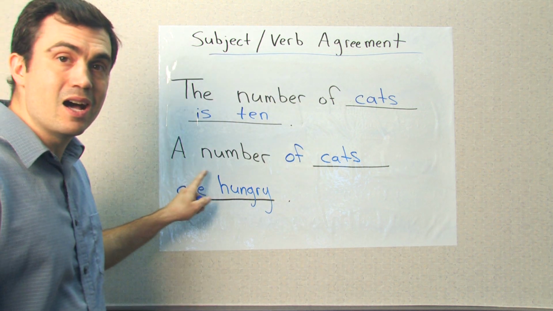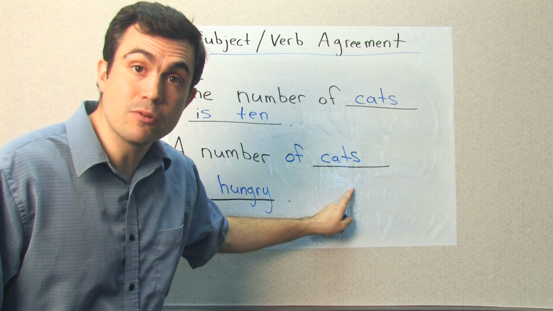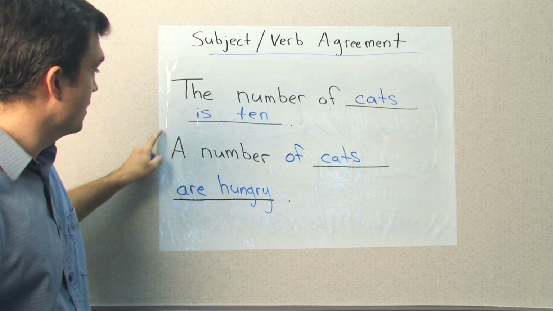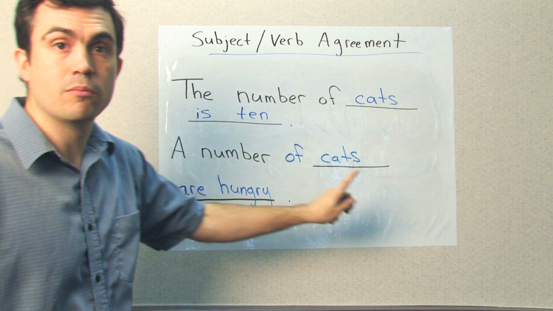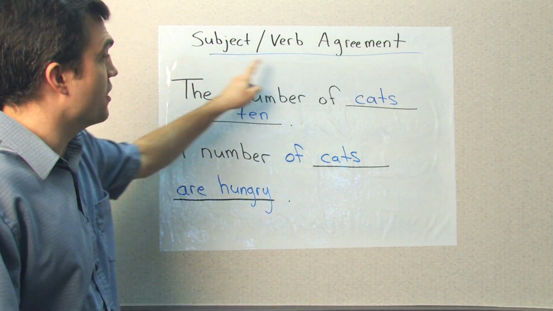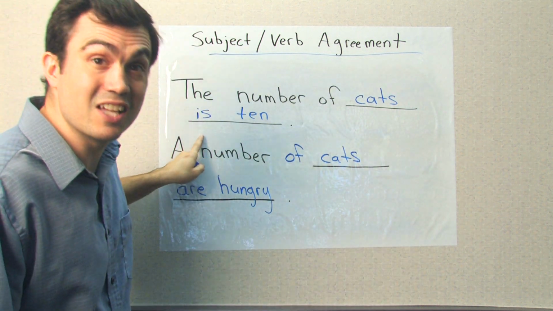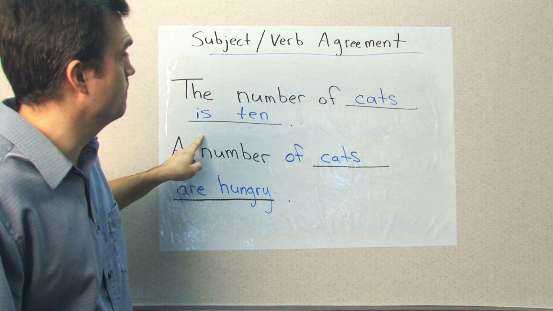So, a number of cats, plural, are, plural, hungry. A number, plural, plural. The number, plural, singular. Okay?